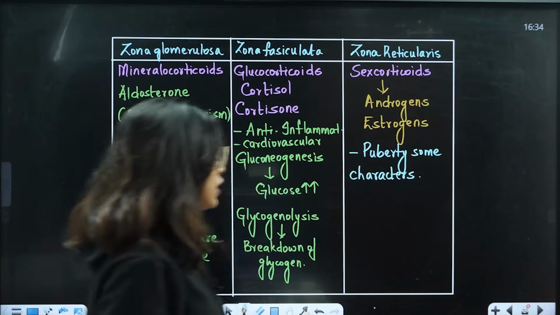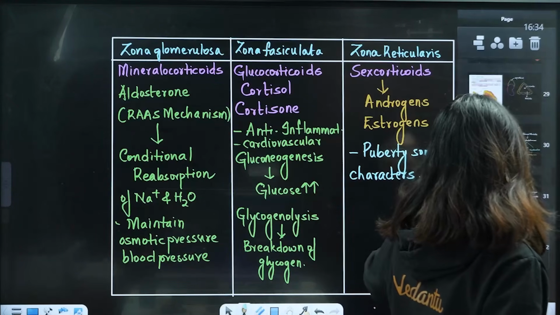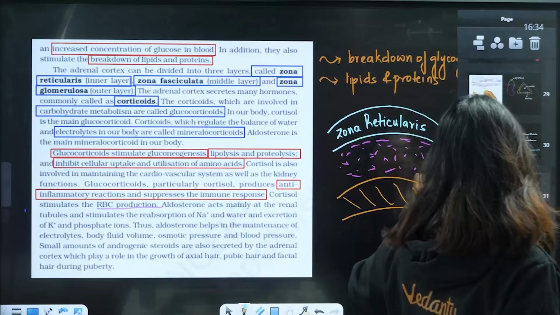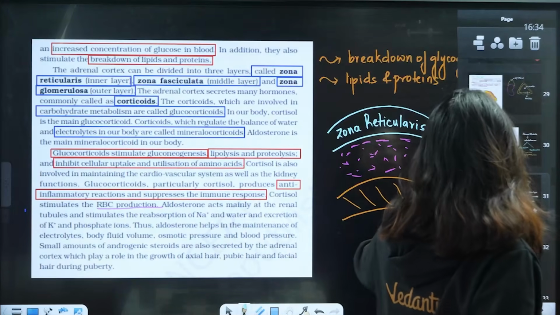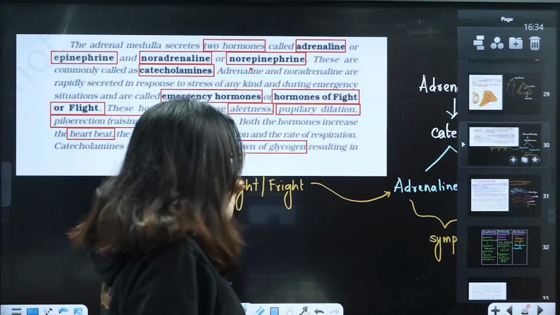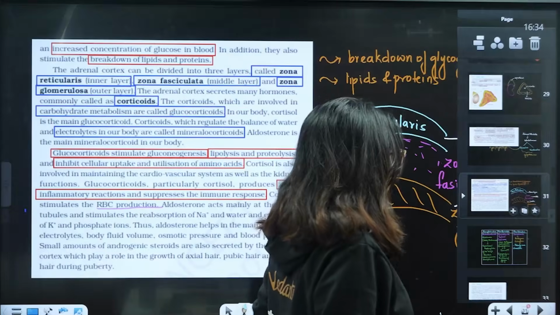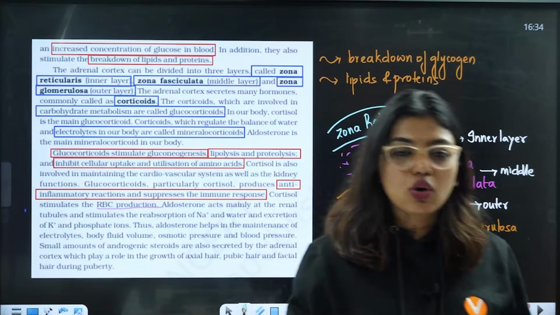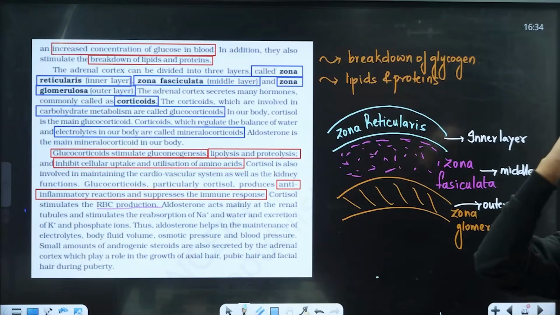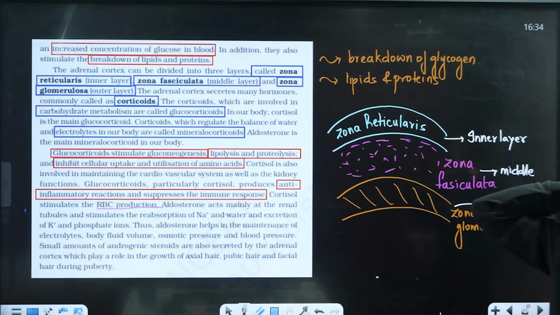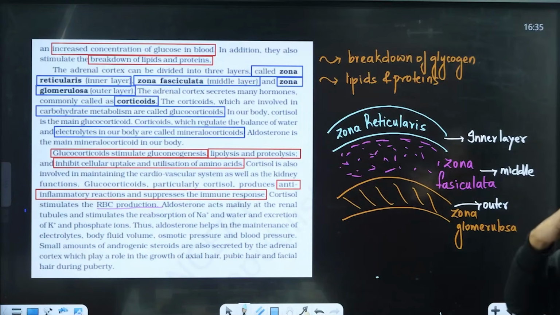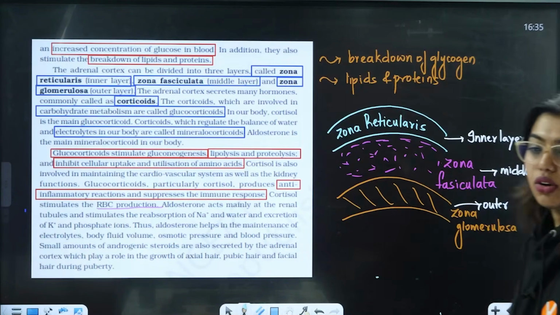So this is the main thing. You can also write a flowchart and study this, everything written here as well as here. This is easy. Adrenaline and noradrenaline, nothing is there, but here with corticoids and glucocorticoids many students get confused. Otherwise, it is super easy.